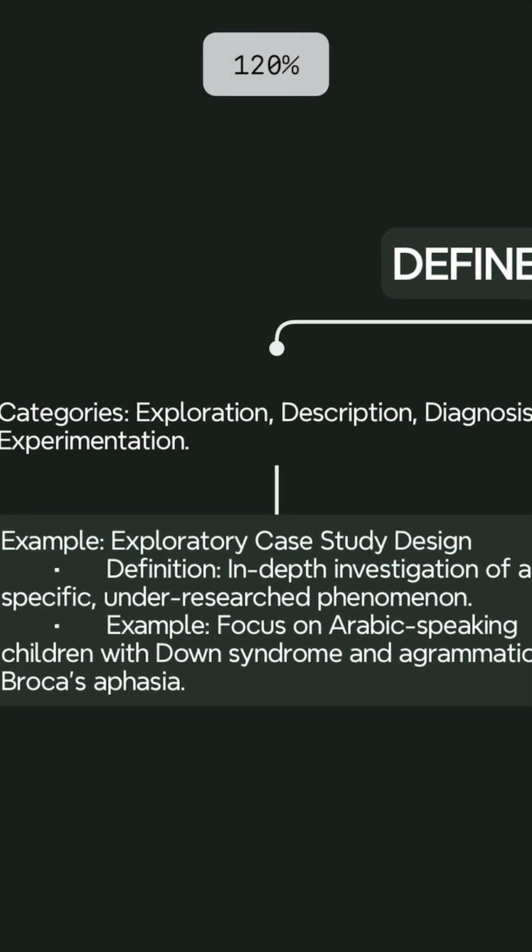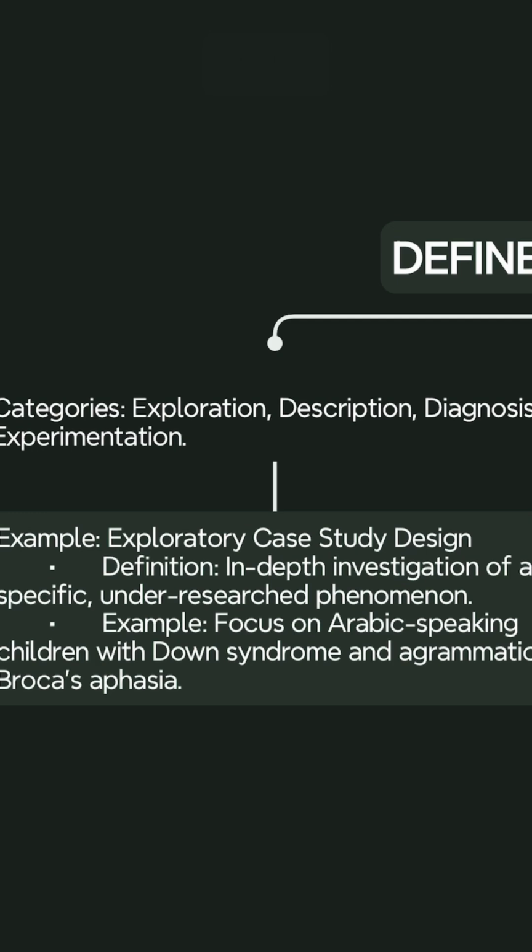For us, it was an exploratory case study design. It was basically an in-depth investigation of a specific and under-researched phenomenon. This is why we said exploratory, because we were basically exploring this topic in Algeria, in the Arabic context.